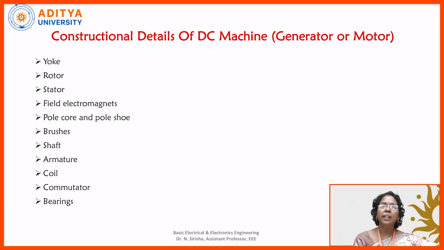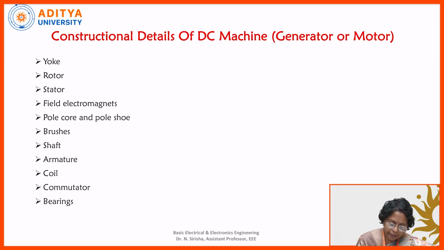Now, coming to the constructional details of a DC machine, the important parts of a DC machine are the yoke, rotor, stator, field electromagnets, pole core, pole shoes, brushes, shaft, armature windings, commutator and bearings.